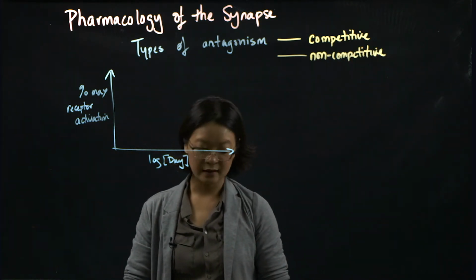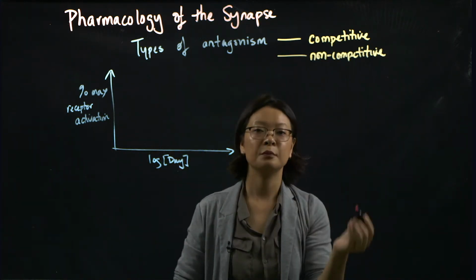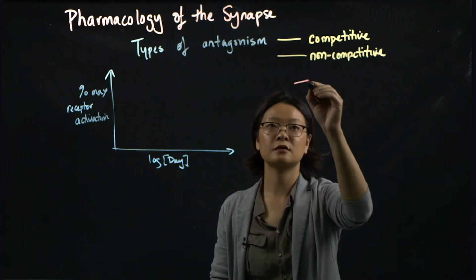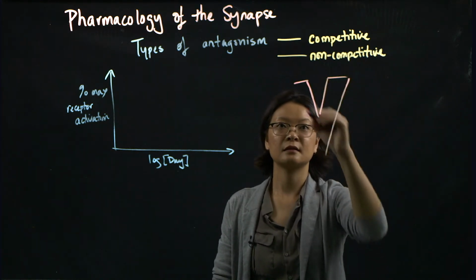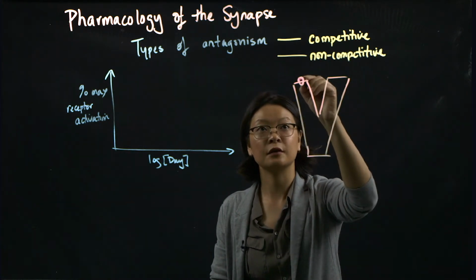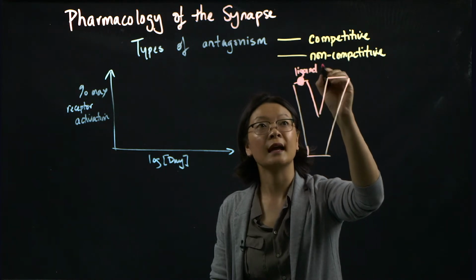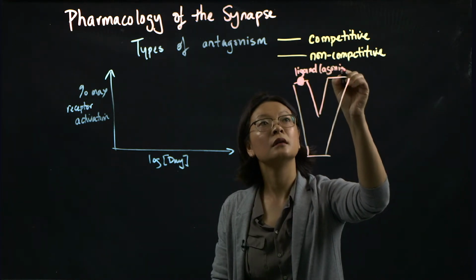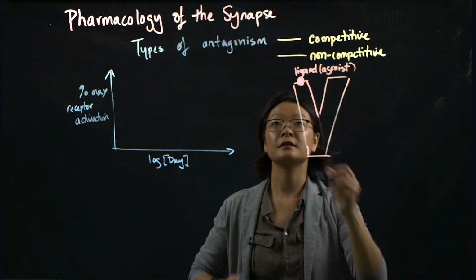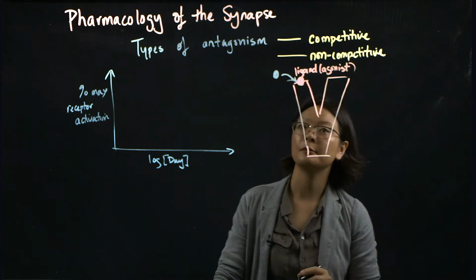So a competitive antagonist is something that competes with the agonist at the same ligand binding spot. So if I just say that this is your receptor and this is your ligand or agonist, your antagonist would come along and compete for that exact same spot.